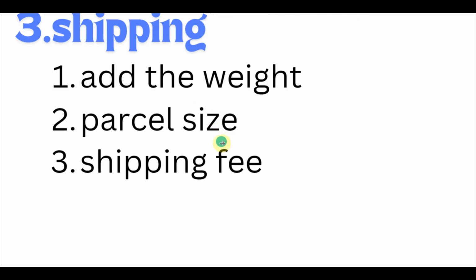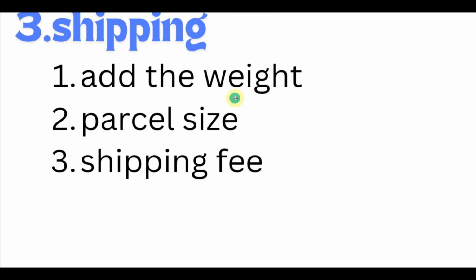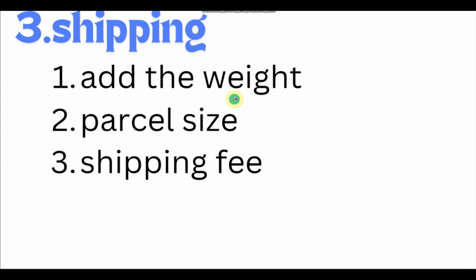Then the shipping step is where you just need to add the weight, the parcel size, and the shipping fee. Just like the last step, you go back to the AliExpress website to copy some information there, and paste it on your product at your Shopee marketplace, for example the weight, the parcel size, and the shipping fee.